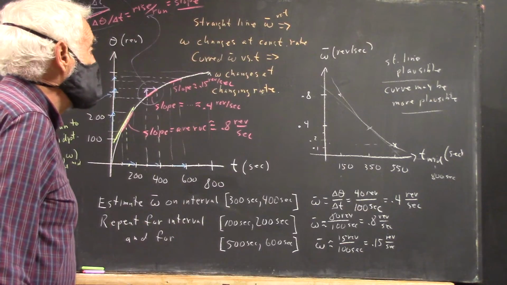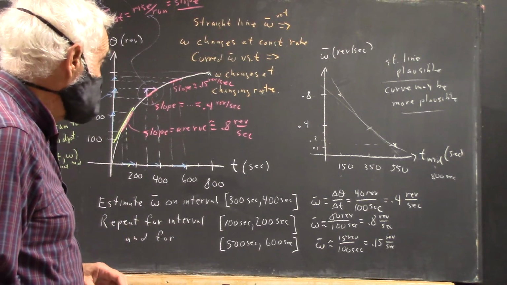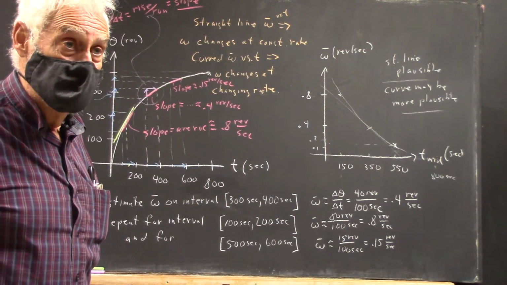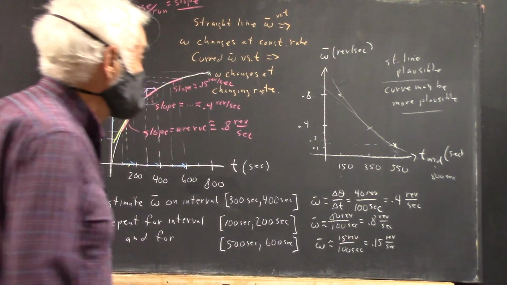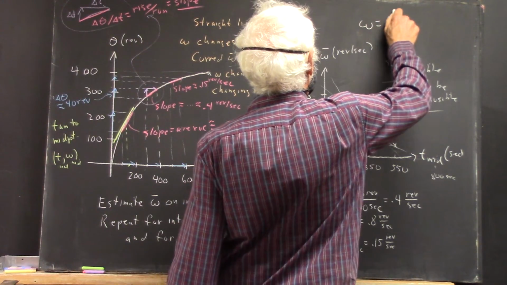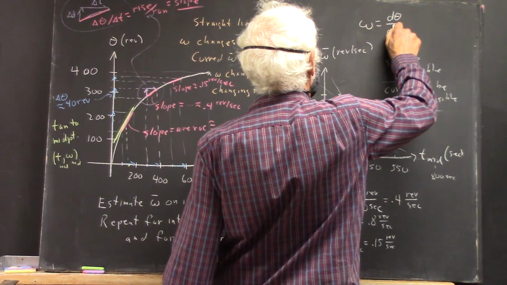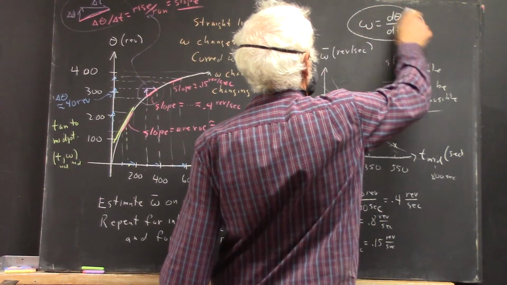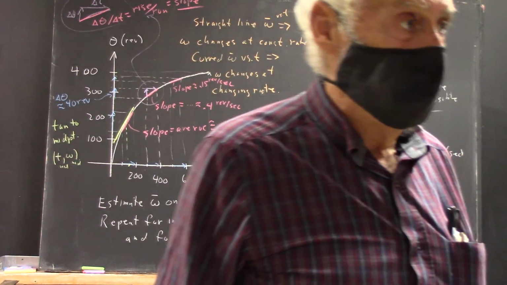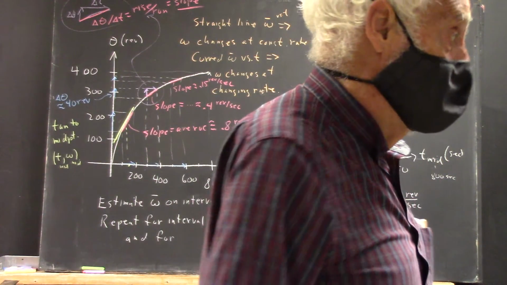So the big thing that I want you to take away from this is that omega is a derivative of theta. So now we can say that omega is d theta dt, the derivative of theta.